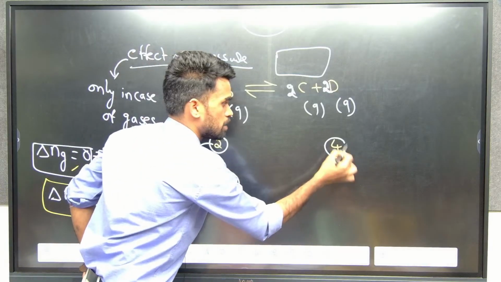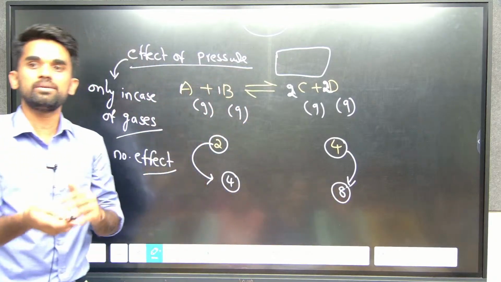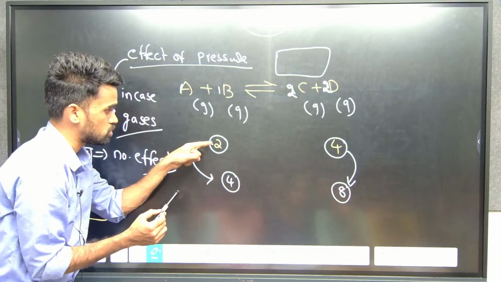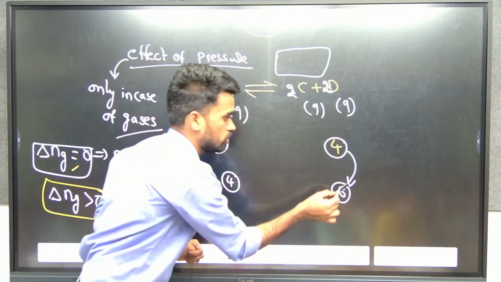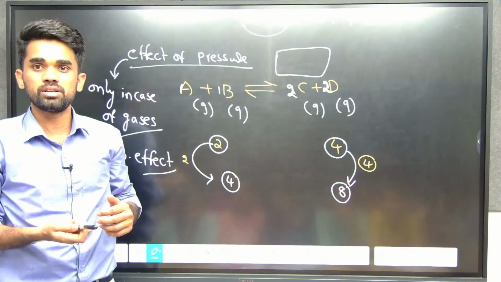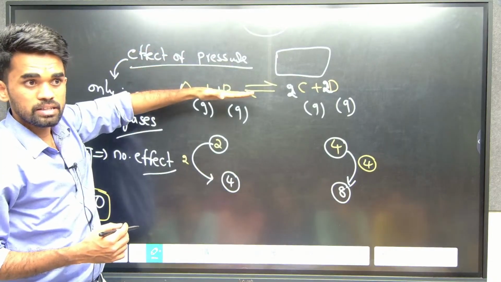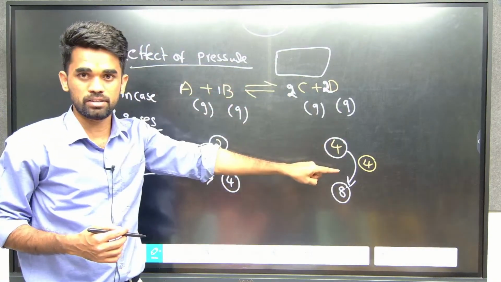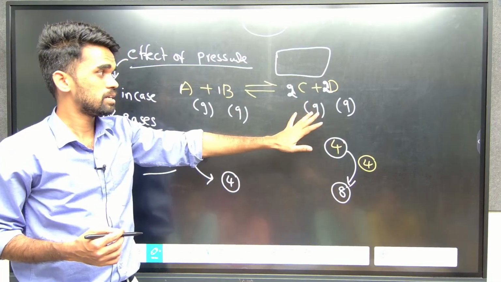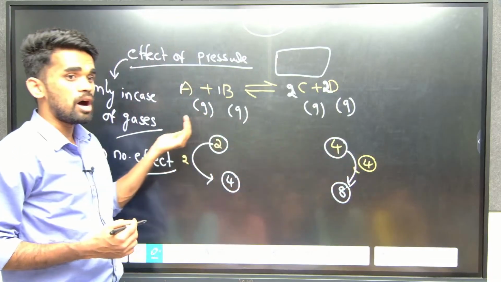Here also it is doubling, so 8. Where do you see more increment? The reactant side increased 2 times, from 2 to 4, but the product side increased by 4. So the effect is more on the side with more moles, the product side. Since the increment is more there, equilibrium goes in the opposite direction.